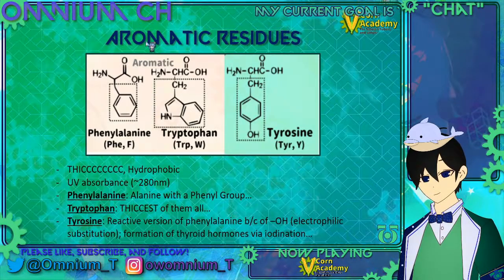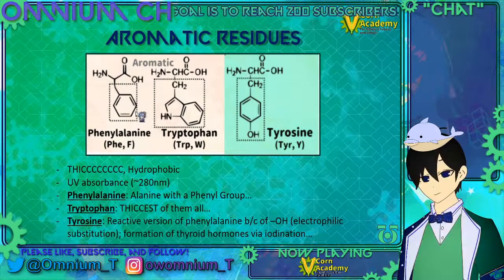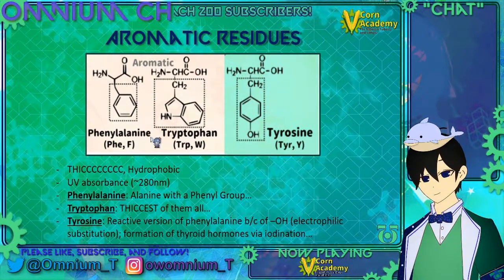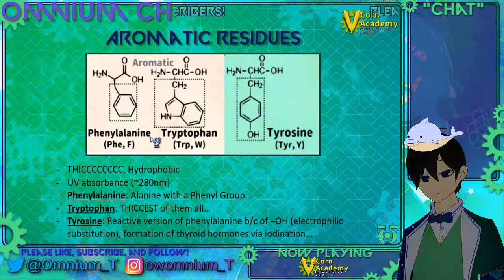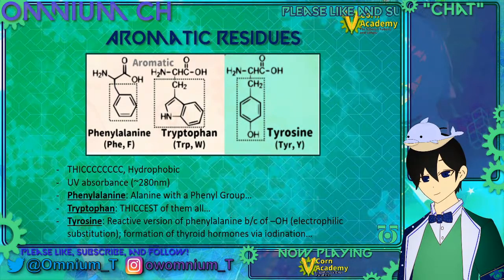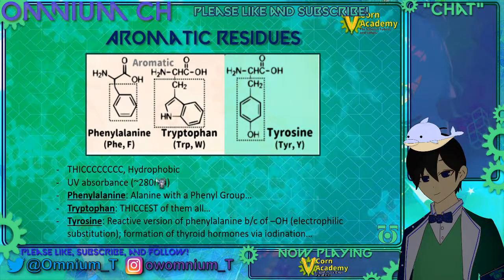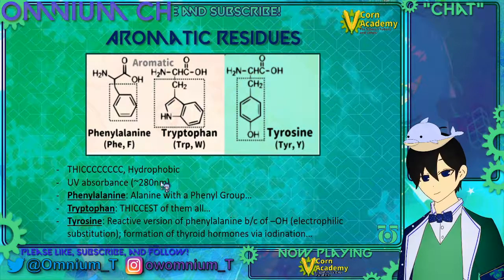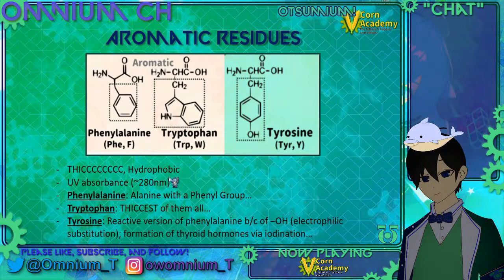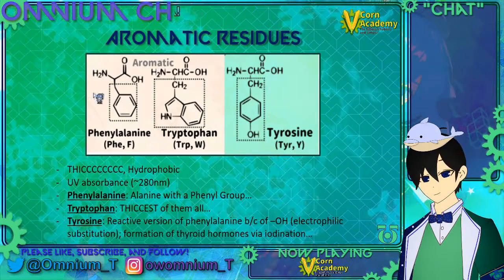Aromatic residues. I put these guys here because they have the benzene ring. Tryptophan is really thick. You can see a UV absorbance at around 280 nanometers. These two guys are fairly unreactive.